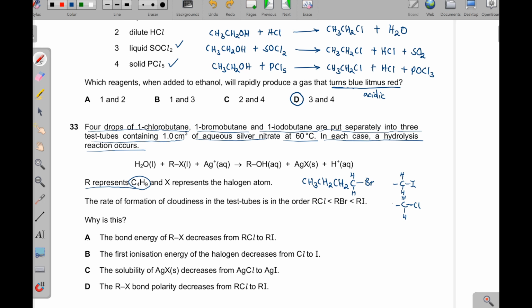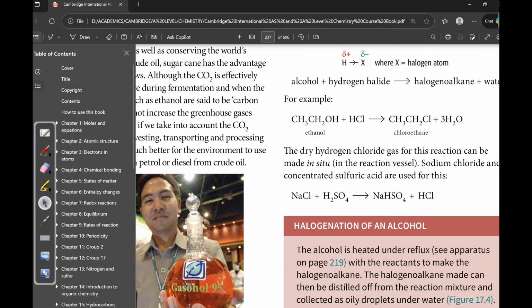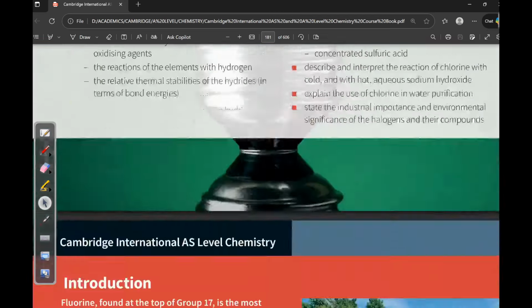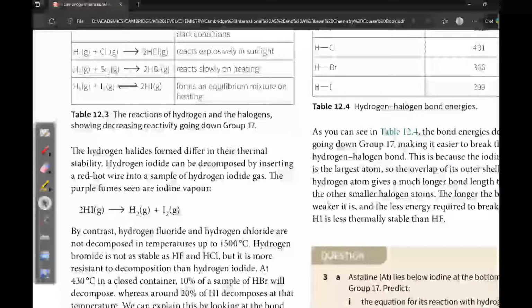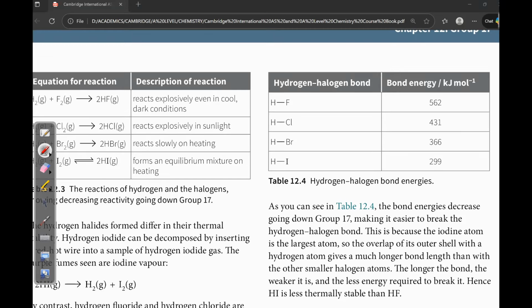If I can take you again into this book to show you, it is exactly here. Let's go to group 17, which is here, and then we look at bond angles. Sorry, not bond angles, bond energies, as you go down the group of these halogens. Yes, you can see here the bond energies keep on decreasing down the group.